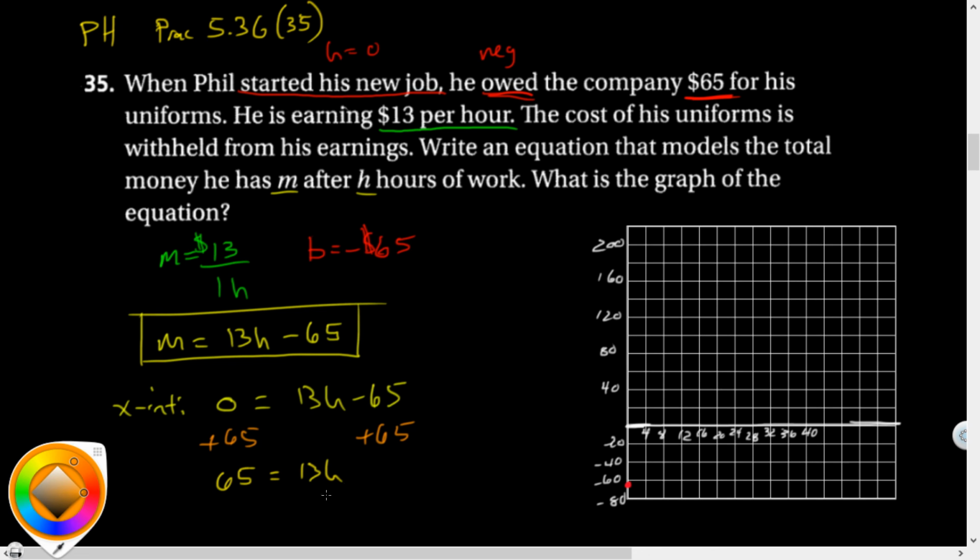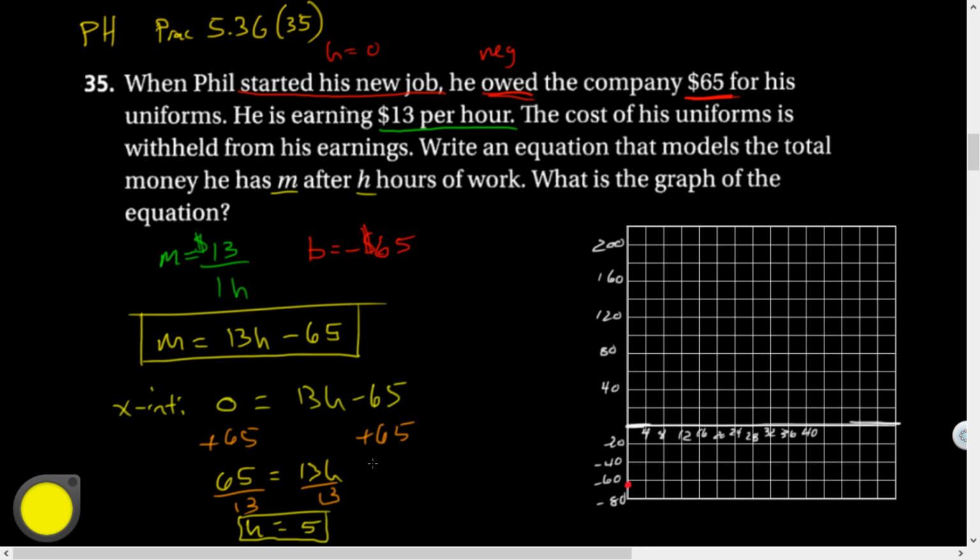It's not going to go in evenly, I don't think. And so I will get the h, those hours. Let's see, 65 divided by 13. Oh, what? No, it did go in evenly. 5 hours. All right, so maybe I shouldn't have been counting by fours. Oh well. Such is life.